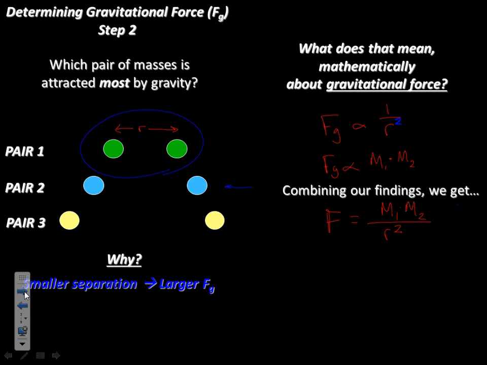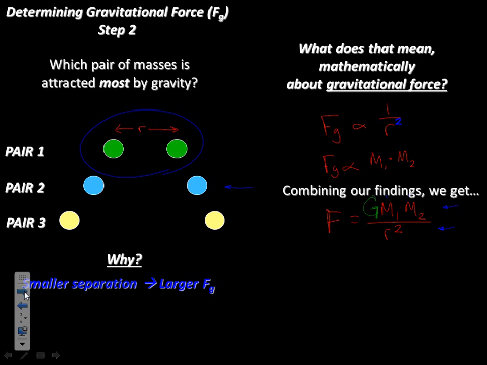But what this says is, if we took 2 1-kilogram masses and put them a meter apart, they do not pull on each other with a force of 1 Newton, right? It doesn't work out that 1 times 1 over 1 squared gives us 1 Newton of force. Think of 2-kilogram masses placed a meter apart. They don't pull on each other very hard. And that means that there's another something in here.